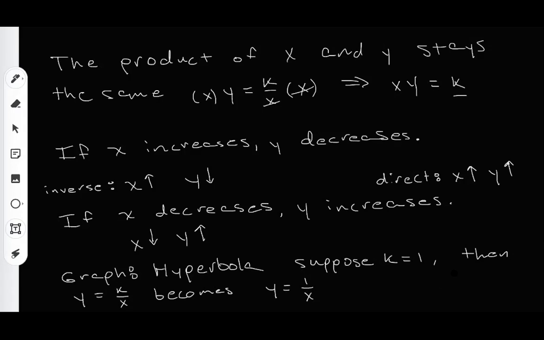So when I graph 1 over x, I'm going to get this graph right here where I have a y-axis and an x-axis, sort of like this. So when I graph this function on the xy plane, I'm going to get a graph that looks like this. It's going to kind of go like that.